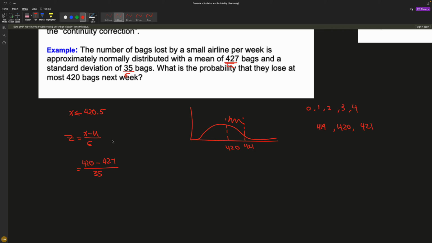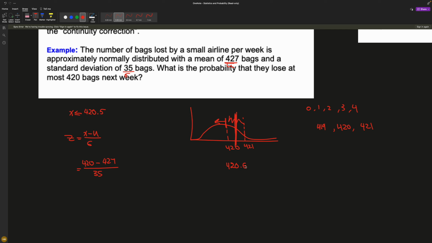But since we're standardizing it, we're saying it's a smooth curve, so this area matters. When you just do 420, it gives you everything up until here to the left, so the chance of being exactly 420 is not even there. Since we standardize it, it's smooth, so we've got to include the numbers here. And that's what we do.